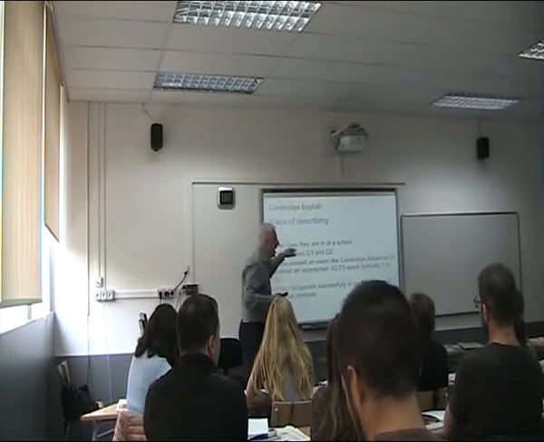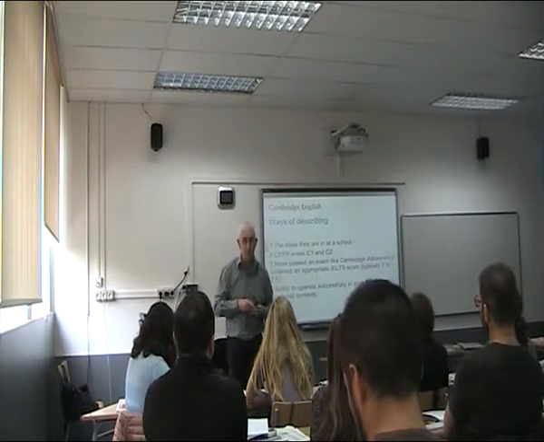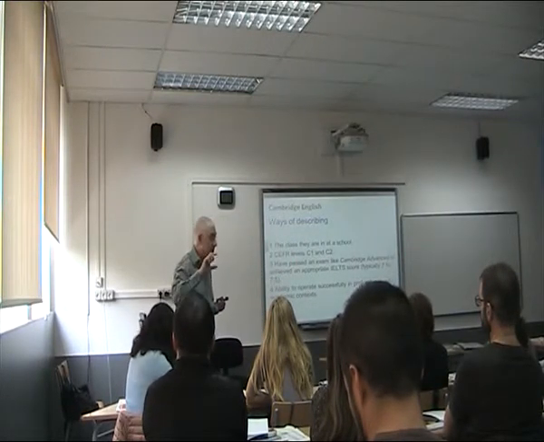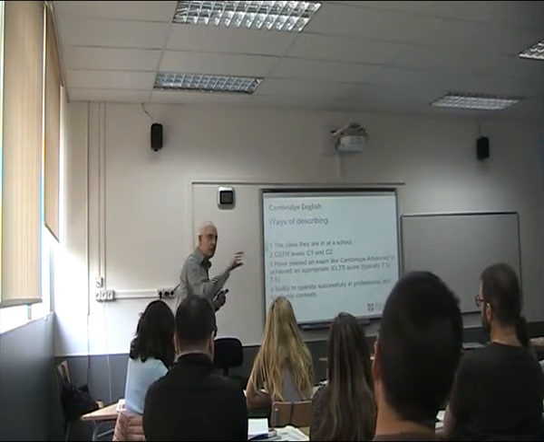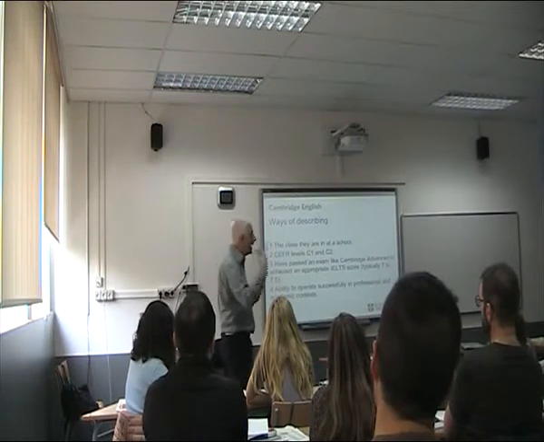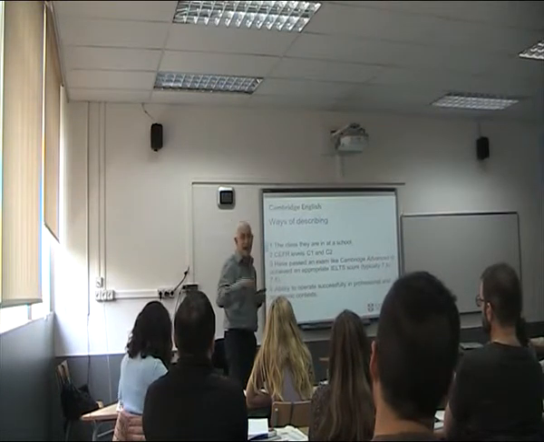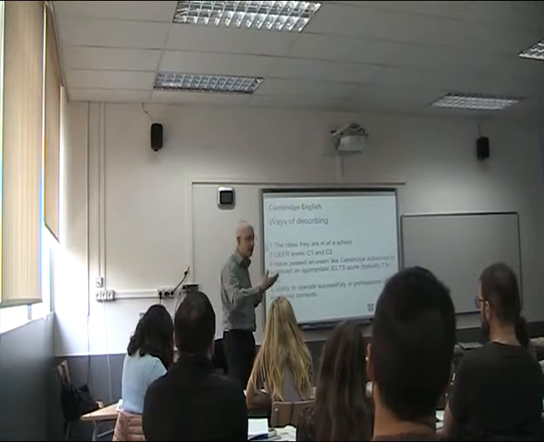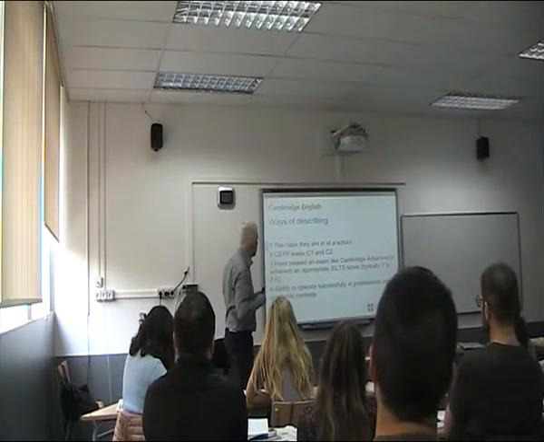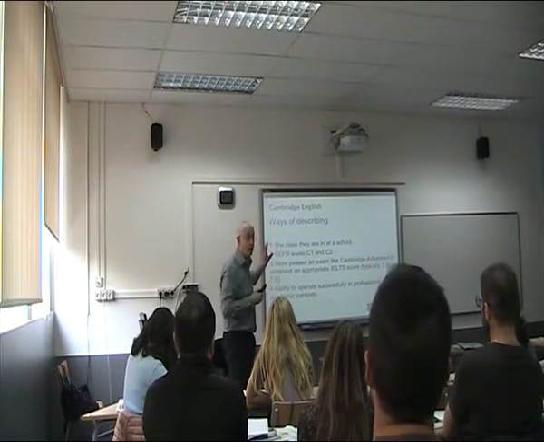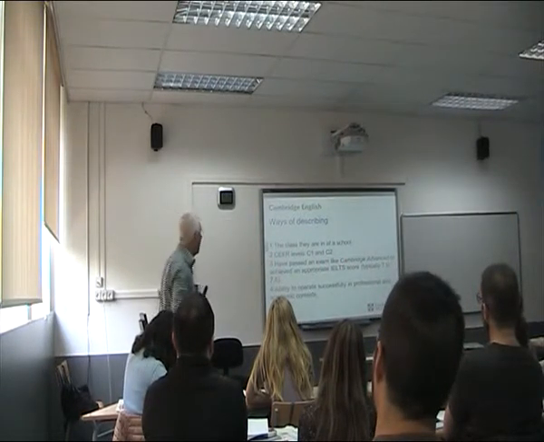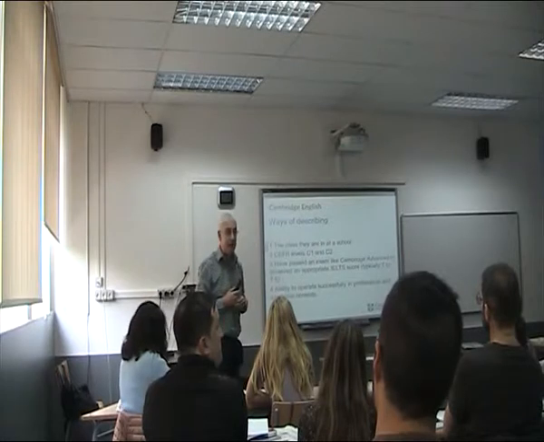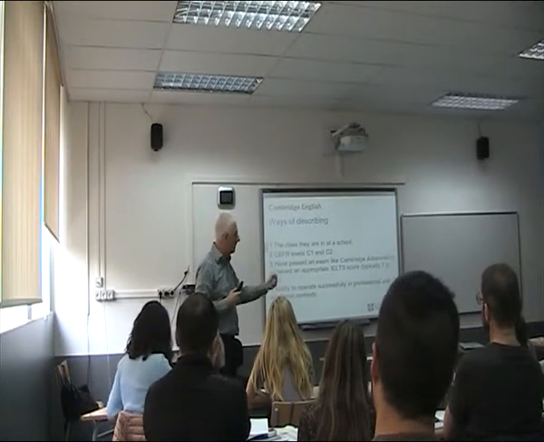With the CEFR, we've got these descriptors at C1 and C2 level, and that actually helps a little bit, being able to look at those descriptors and think, okay, can the learner behave linguistically? Does their competence equal those descriptors? So that can be one way of defining it. It can be because they have passed an exam like Cambridge Advanced, which is like a rubber stamp.